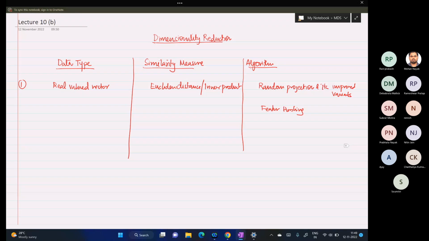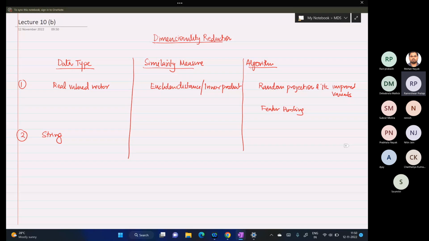Strings. Strings, okay. Data type is string. And again, when we talk about data type, we assume that our data dimension is very large, and our aim is to compress that data into low dimension, such that from the low dimensional one, we can closely approximate some interesting similarity measures.